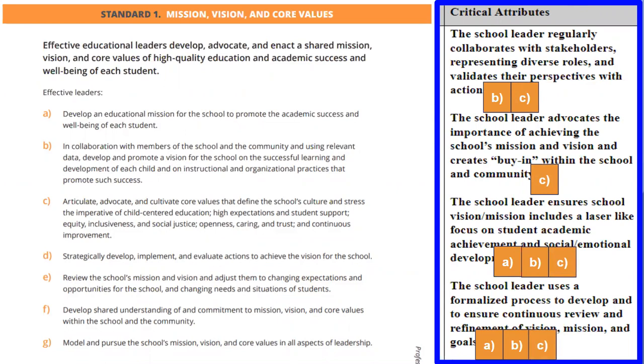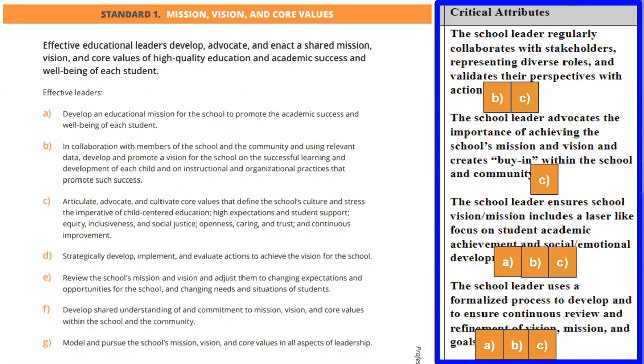Let's examine the first critical attribute. Including and responding to the input provided by diverse stakeholders is a bridge to connect the ideas of school culture and student support with a focus on equity, inclusiveness, and social justice, as is prominent in element C. The second critical attribute also aligns as the buy-in and commitment within the school and community most certainly positively impacts school culture.